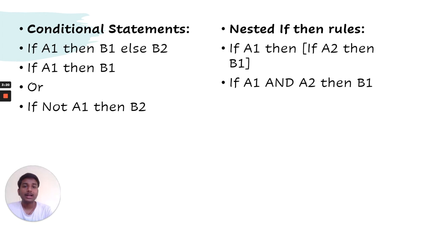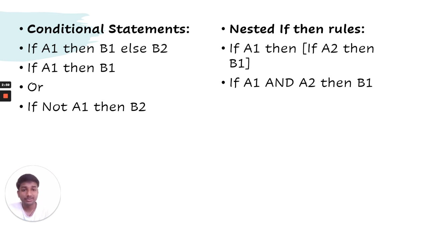And nested if-then rules. This is easy, right? If A1, then after the then we get a conclusion, and in the conclusion we have another premise and conclusion.